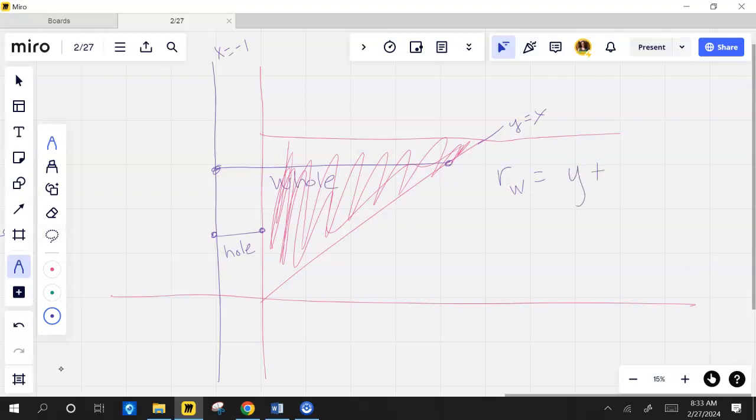Y plus what's the radius of the part that I'm subtracting out? 1.